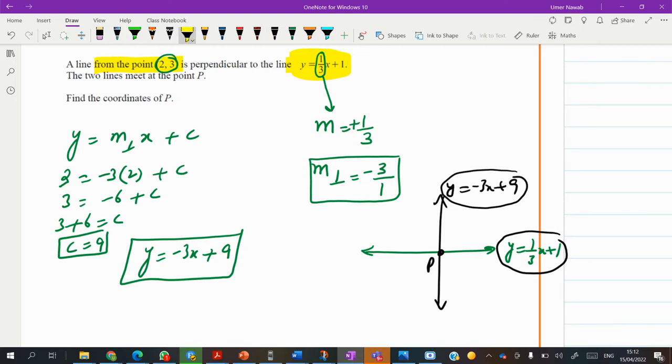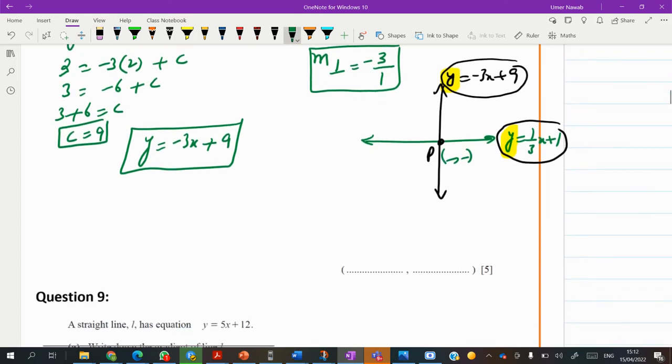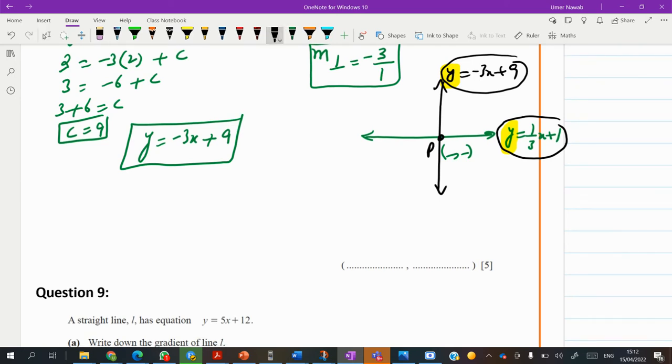Rather than using the simultaneous way, we will use substitution because both of them are equal to y. I want to find the x coordinate and the y coordinate. So for this, we need to put them equal to each other, because both of them are y's. So minus 3x plus 9, I put it equal to 1 over 3x plus 1.